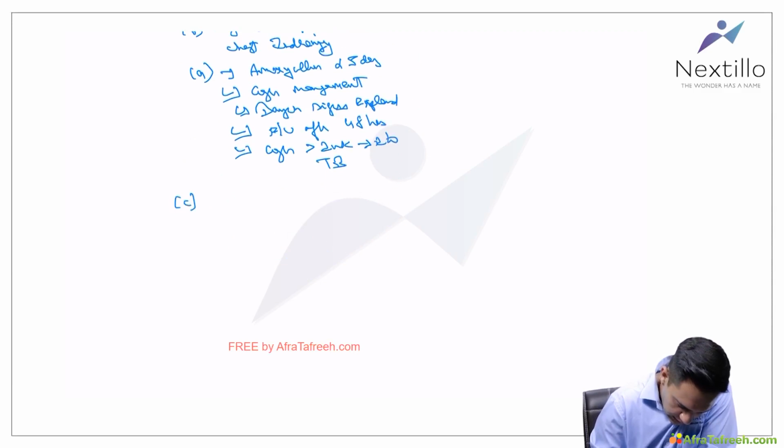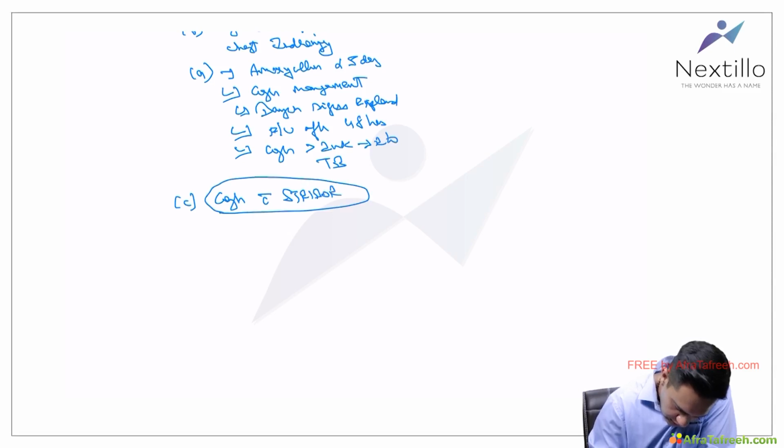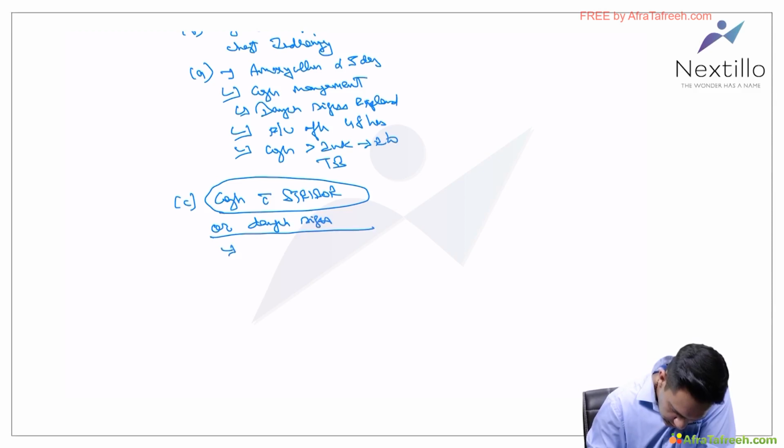And the final is there is cough with stridor. Cough with stridor or danger signs are present. What are the danger signs?